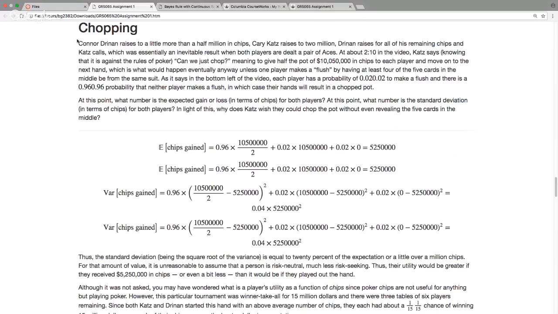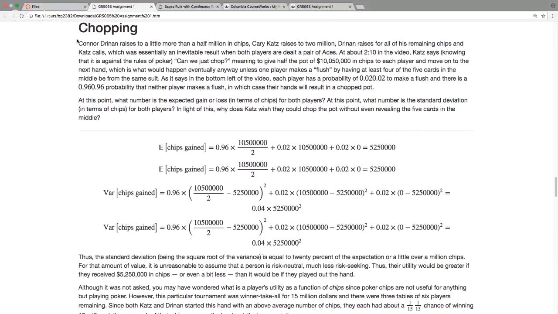So the expected number of chips gained, you just multiply the probability of their occurrence by the value, conditioning on everything that's in the pot already being a sunk cost. So there's a 0.96 chance that they each get half the pot, a 0.02 chance that either one of them gets the whole pot by making a flush, and a 0.02 chance that each of them gets 0 when the opponent makes a flush, and that all cancels out to 5,250,000 in chips.